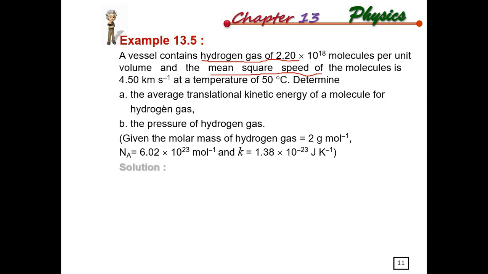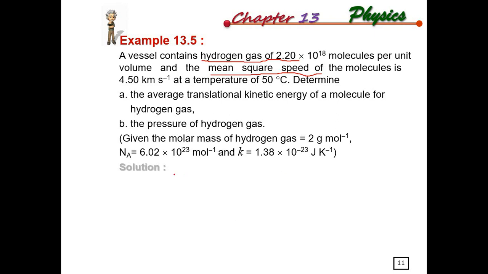Determine A, the average translational kinetic energy of a molecule of hydrogen gas, and B, the pressure of the hydrogen gas. Given the molar mass of hydrogen gas is 2 gram per mole, the Avogadro constant is 6.02 times 10 to the power of 23 per mole, and k, the Boltzmann constant, is 1.38 times 10 to the power of minus 23 joule per Kelvin.